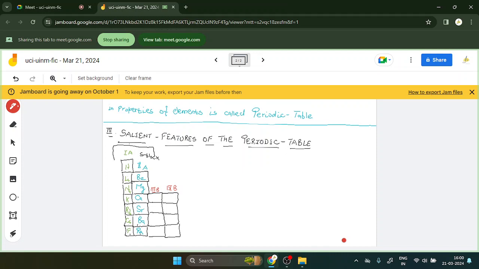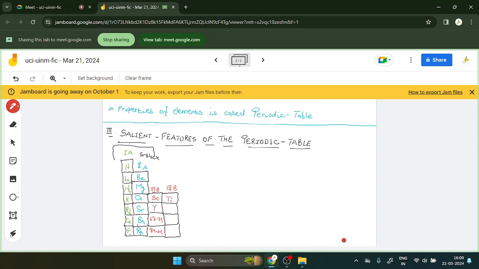So if you go like this, it will be 21 scandium, yttrium. Then we have 57 to 71 as lanthanide series, and then 89 to 103 actinide series. Then afterwards we have titanium. So this will continue like this, titanium.